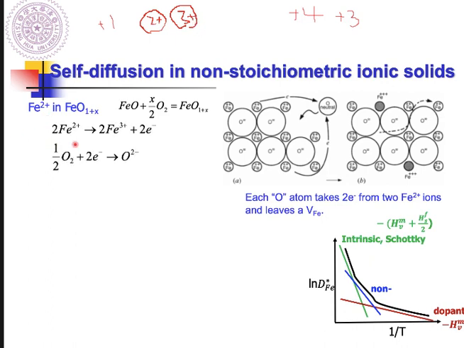The equation will be like this, right? Iron with two positive charge loses electrons and becomes iron with three positive charge. And because it loses electrons, some atoms or molecules receive these electrons.